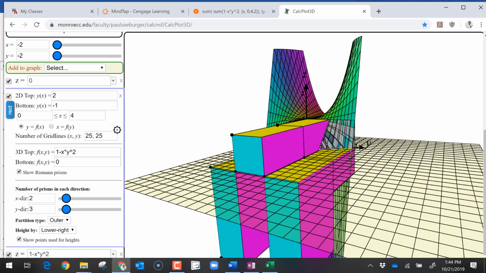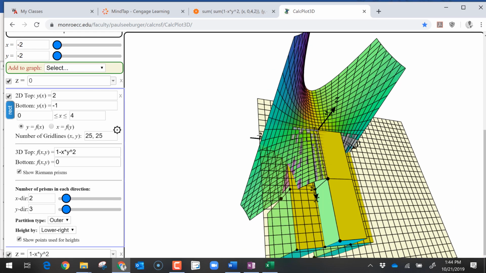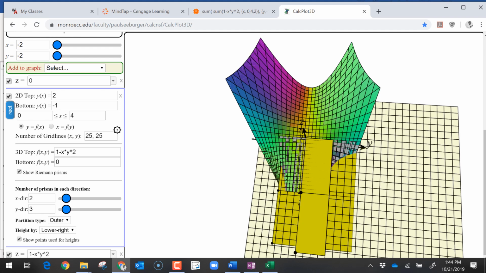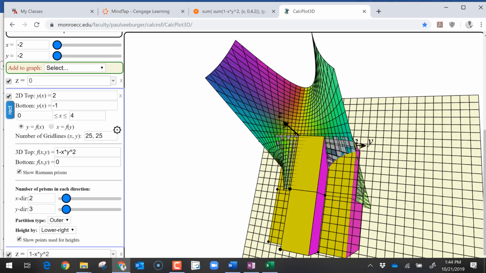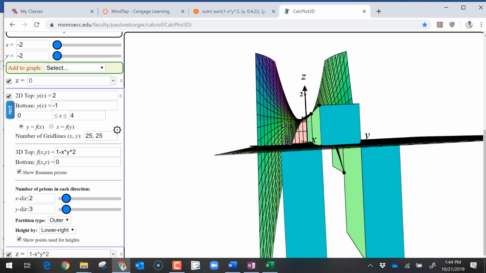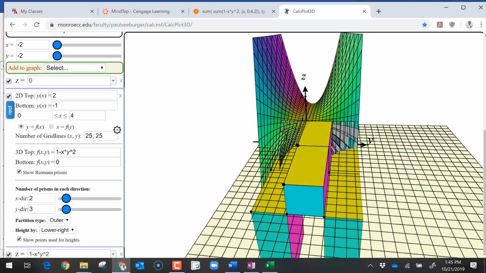So those are the points now. I asked them to show the points. And if we look at this from the top, we're looking at the lower right-hand points. And I think they got negative 12.